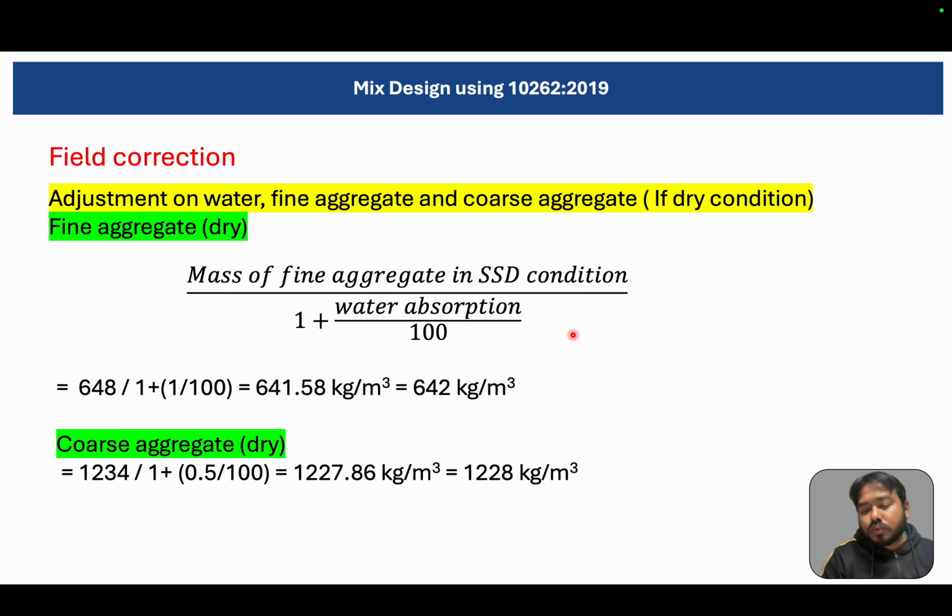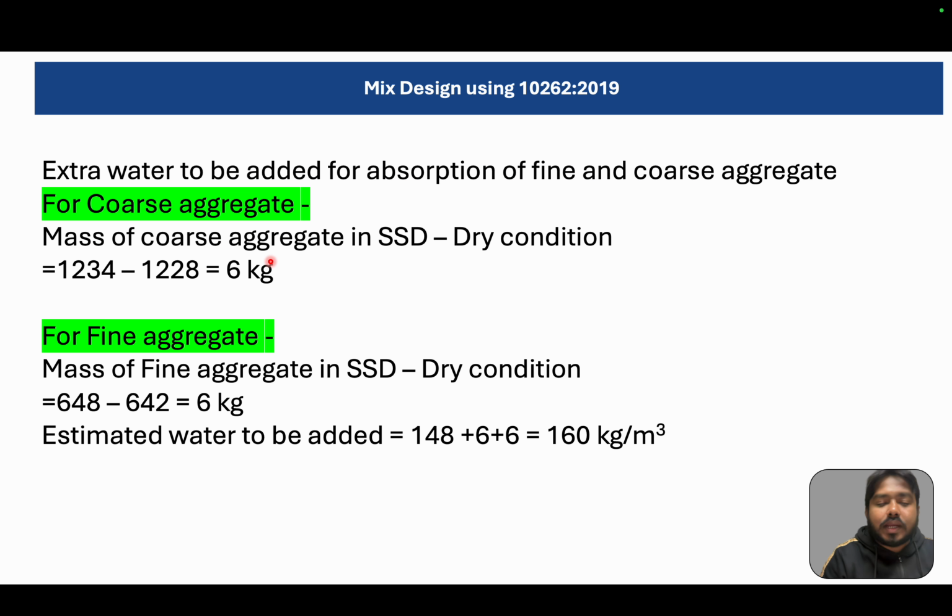That means 1234 minus 1228, which is 6 kg per meter cube of water for your coarse aggregate. Similarly, 6 kg per meter cube of water is required for your fine aggregate. In total, 6 kg plus 6 kg, that means 12 kg additional water is required for any kind of field corrections you are doing.